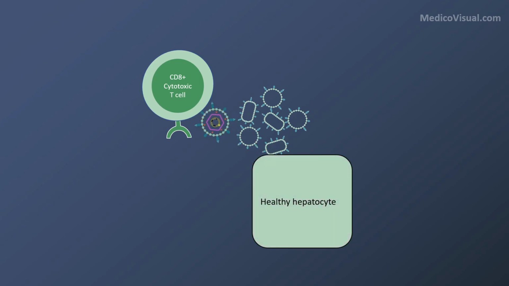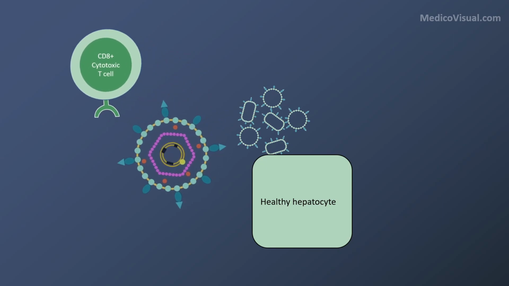Not only the cytotoxic T cell response, which we call the cell mediated immune response, is required, we need something else as well. We need antibodies. We need antibodies to catch this virus and to kill this virus.